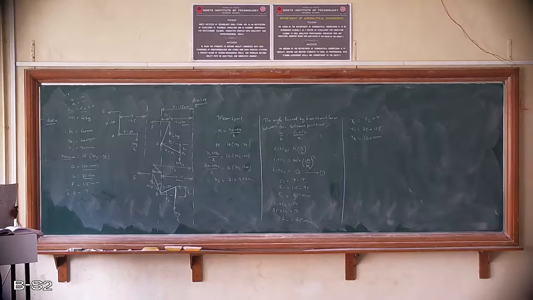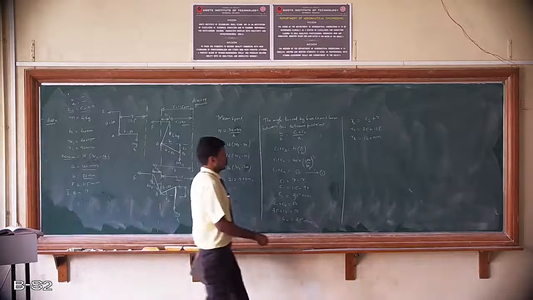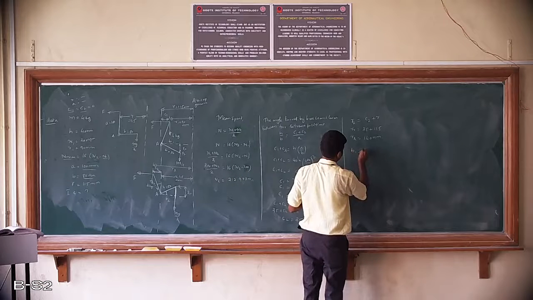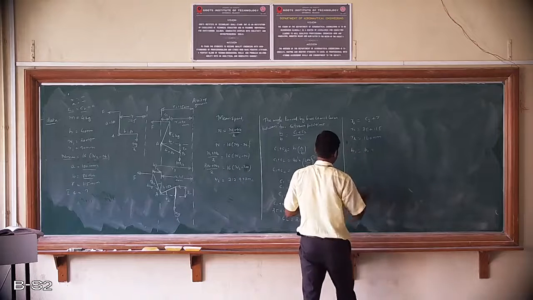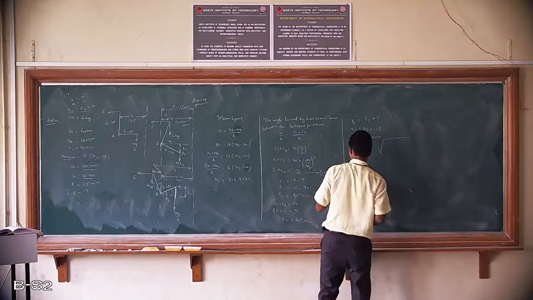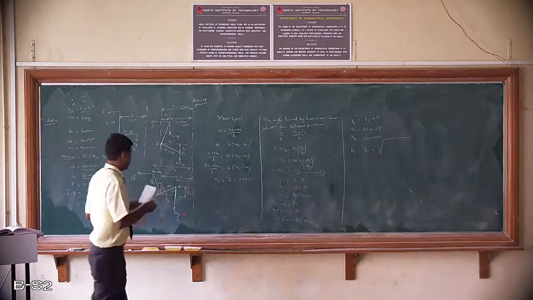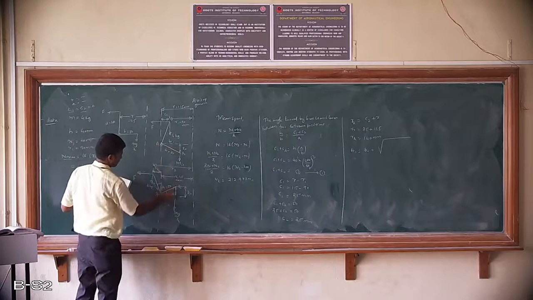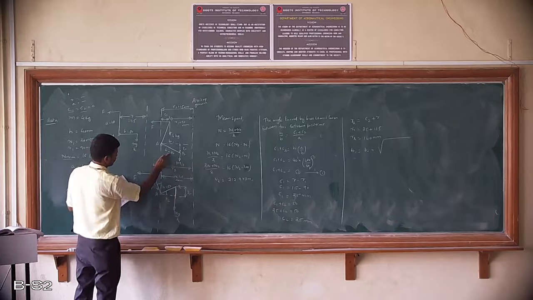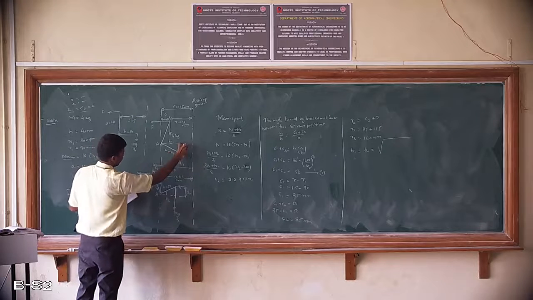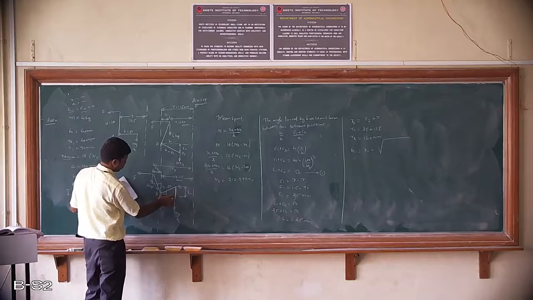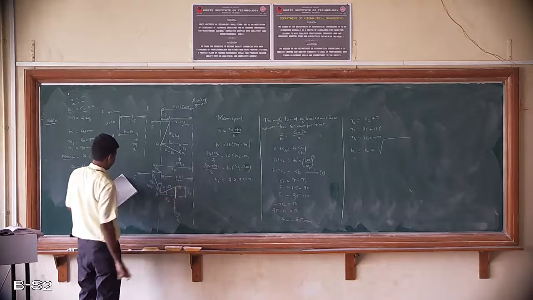Next, we need to calculate the values of B1, B2 and A1 and A2, because in our governing equation all the values are required. So B1 is equal to B2, equal to square root of, so how to get the B1 and B2 value? This is B1 and this is B2, out of which two values are known. One is 80 and another one is 20. Here also one is 80 and another one is 20.